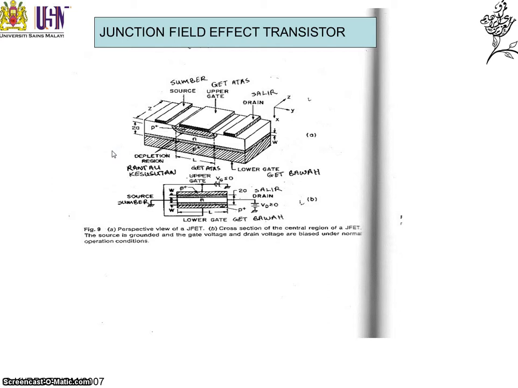Because both electrons and holes are important, that is why it is called a bipolar transistor. However, in this case, the field effect devices are controlled by a voltage at the third terminal rather than by a current. So that's the main difference.